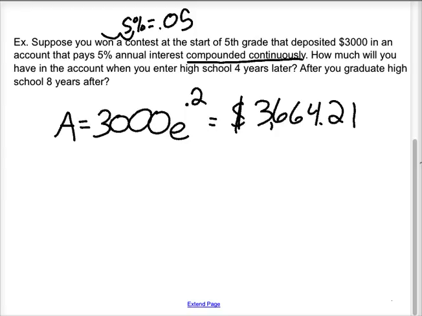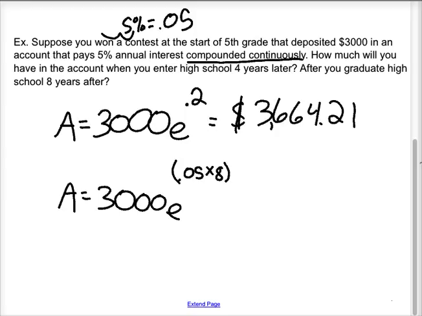Now they also ask about 8 years when you graduate high school. So let's see how much money you have after 8 years. It's the same 0.05 rate, but this time times 8 for 8 years. Again, it's easiest to type into the calculator if you have a single exponent. So take 0.05, multiply that by 8, and you would get 0.4.